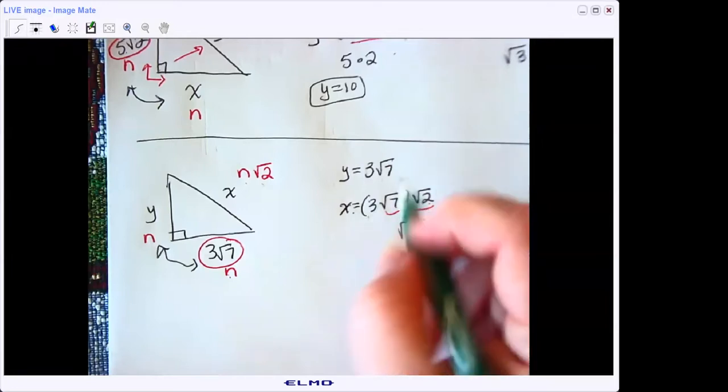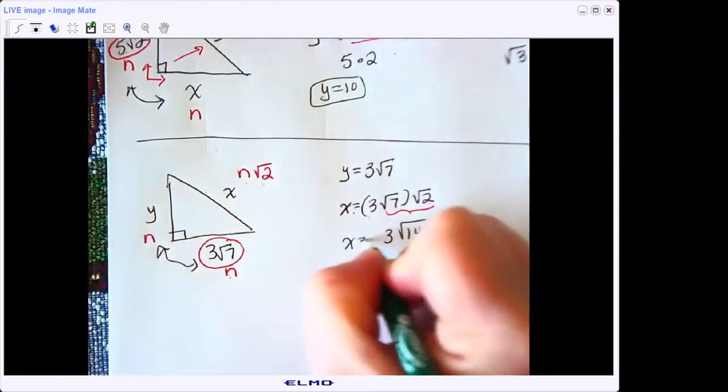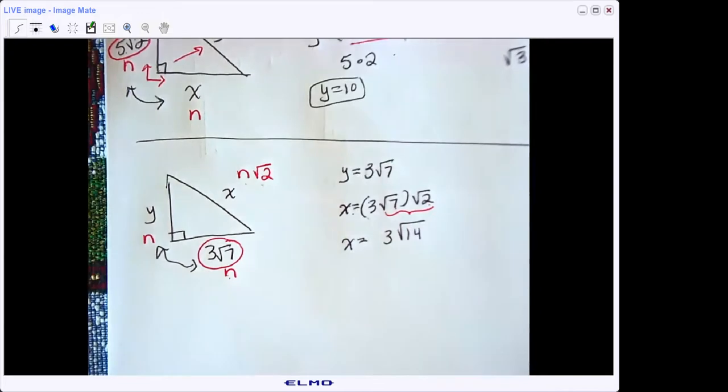3 is an outside number, so we'll leave it outside. Outside numbers with outside numbers, inside numbers with inside numbers. Thank you, I appreciate that. Not everybody had the opportunity, I think, because of last year, getting practice with radicals because of the online that we had to go to.